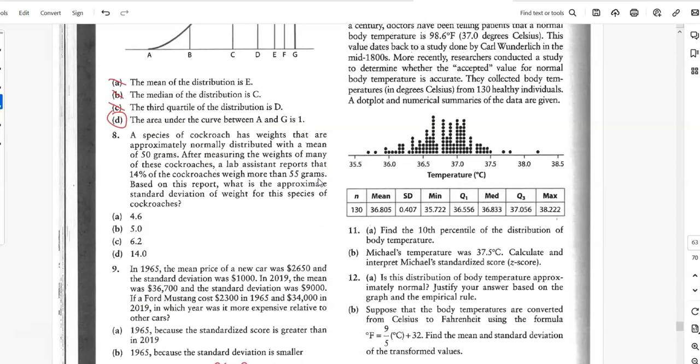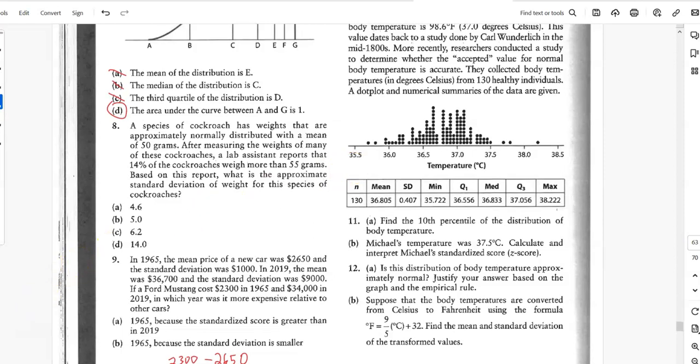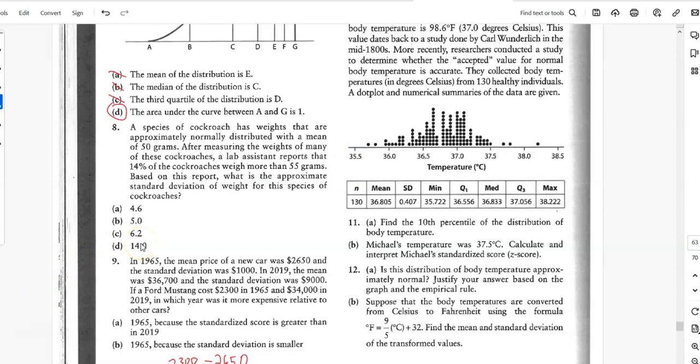Okay, so find the 10th percentile of the distribution of body temperature. Let's look at this. There are 130 total of these values, so the 10th percentile would be 13. There are 13 values below it.